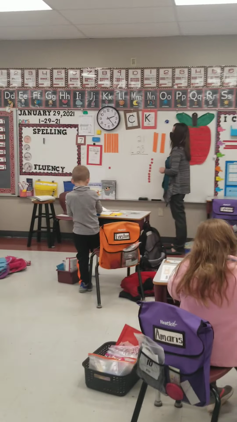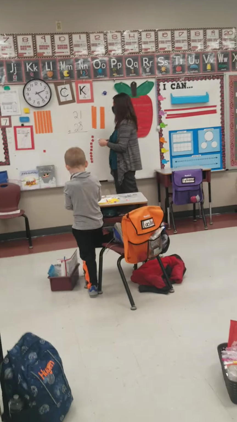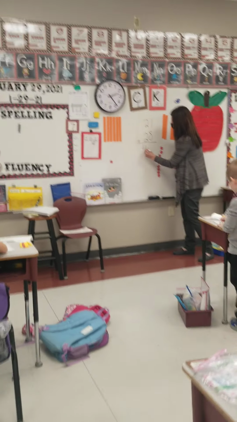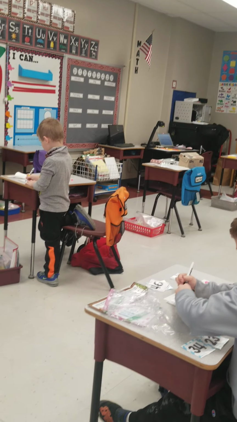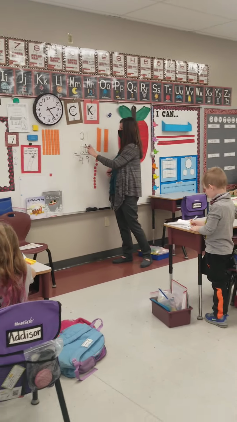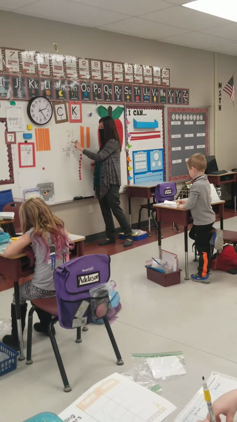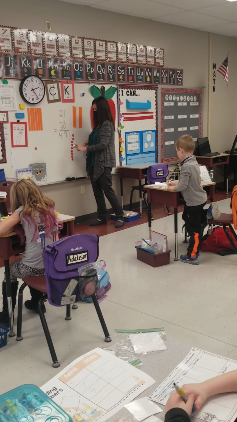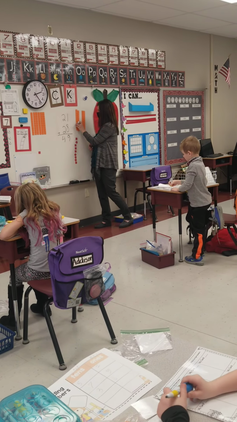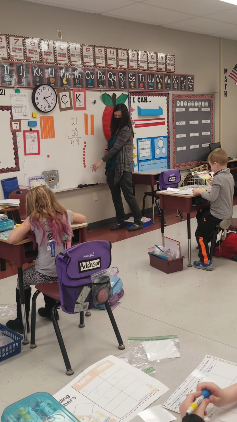Okay, so is that our answer? Yes. Okay, so it's 49. Because we got 9 1s, and 2 plus 2 is 4, 4 10s. So 49. So 4 10s and 9 1s.